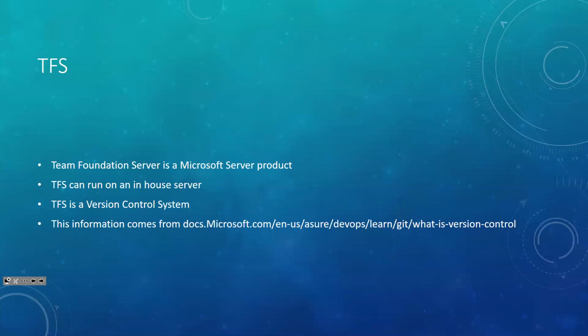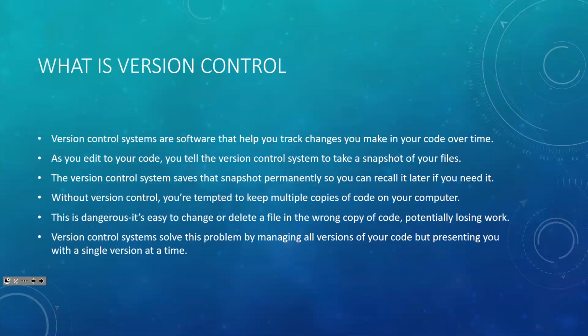Now, the information in this presentation, I wanted to make sure and tell you, comes from this Microsoft site. There's a lot of information out there on Microsoft's documentation site about using TFS, and there's a lot of changes going on with TFS in version control systems. So in a nutshell, version control systems help you track your code over time.